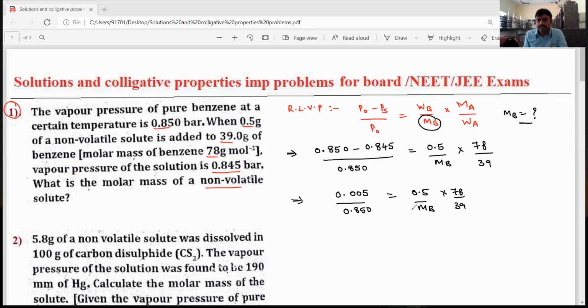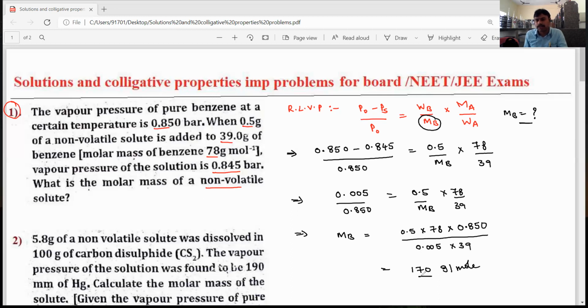On simplification, MB equals 0.5 into 78 into 0.850 divided by 0.005 into 39, which gives 170 gram per mole.